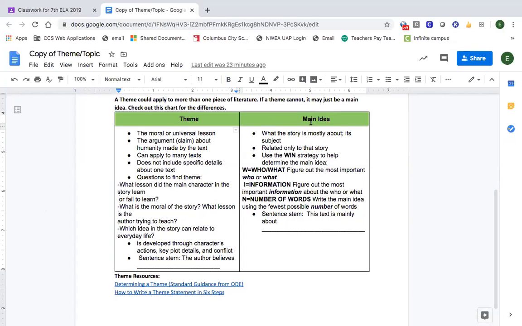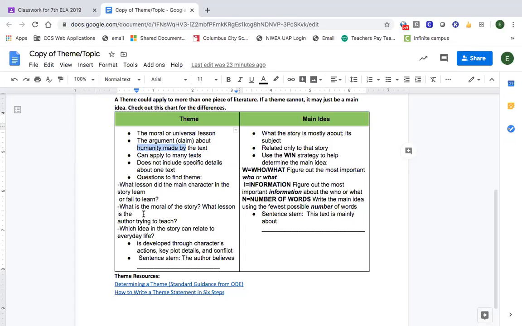So like the main idea of this text would be the difference between minerals and fossils, let's say. So a theme is a moral or universal lesson. It's like a claim about humanity in general, can apply to many texts, is not specific to one text.